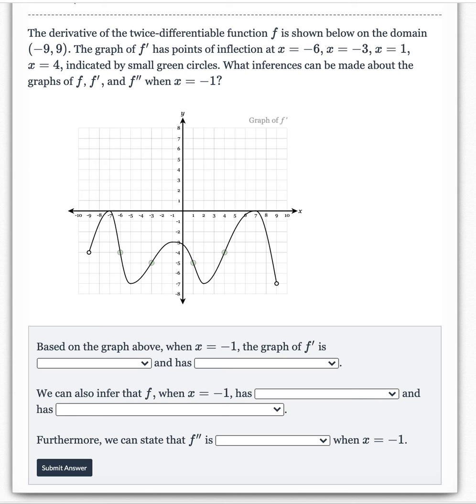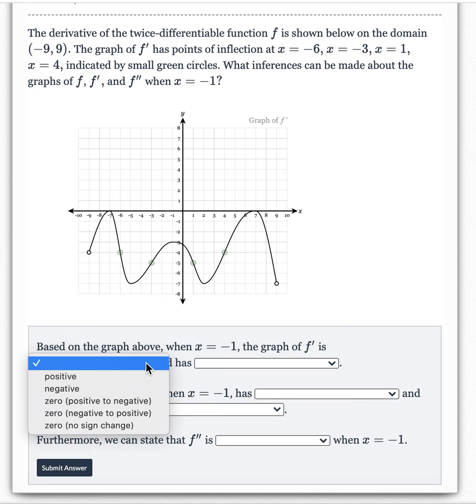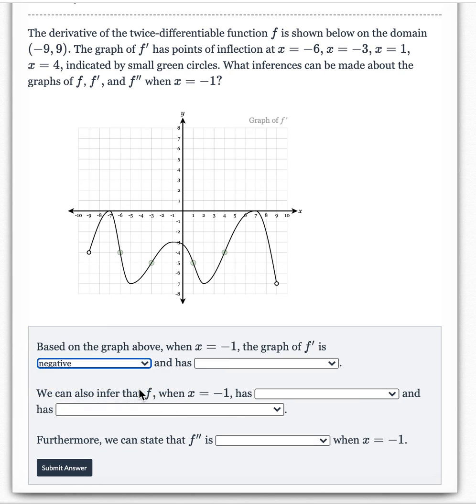Based on the graph of f prime, when x equals -1, analyze the graph of f prime. So we know a couple things. On the drop-down menu, we know that f prime, the slope, when x is -1, is negative. Okay, so right here is where we're talking about, right where I'm pointing with the little cursor right now.